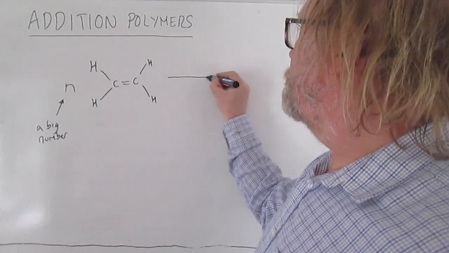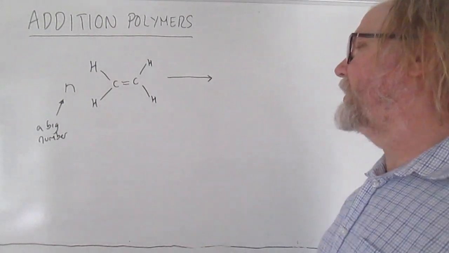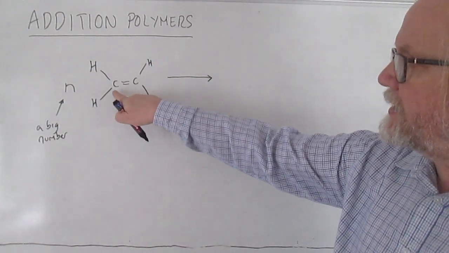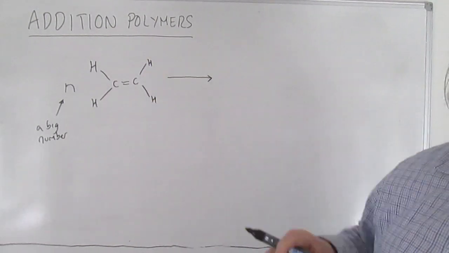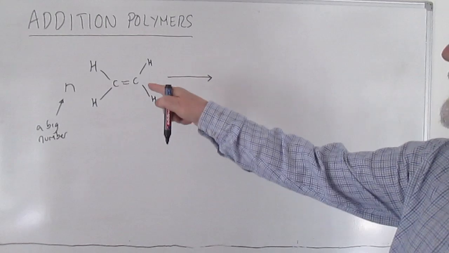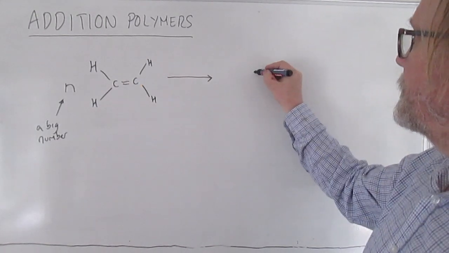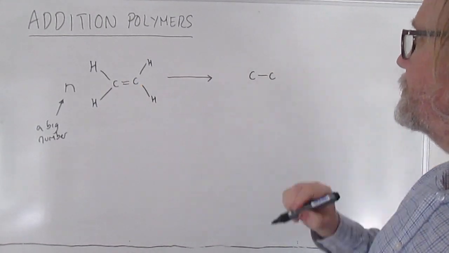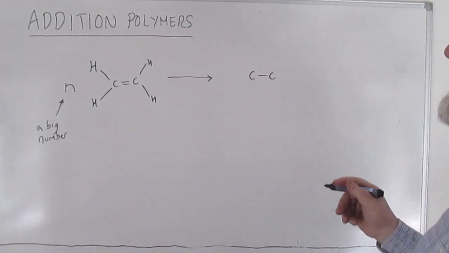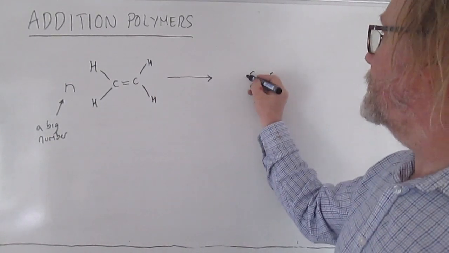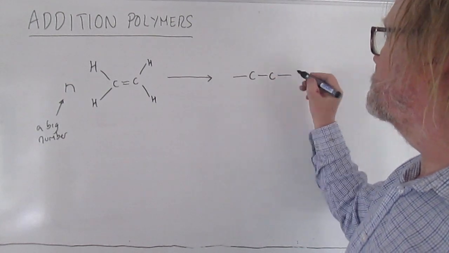And then we can say, right, what happens as a result of that? We can summarize by just stating what happens to each individual monomer, each individual small molecule that went in there. So those two carbons across the middle will now just have a single bond in between them, because remember we've broken open the pi bond to make the new bonds possible, and here are the new bonds formed at either end.